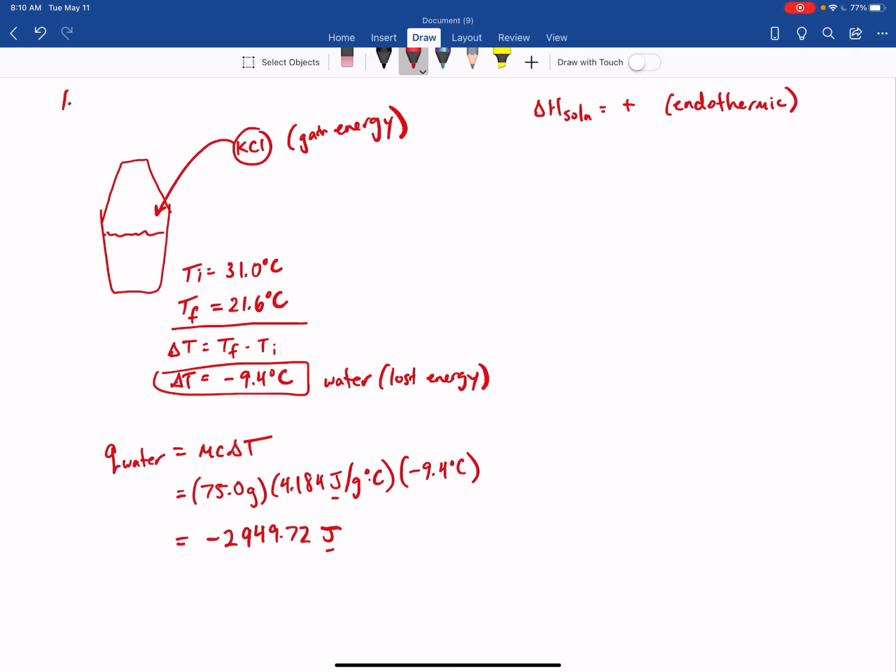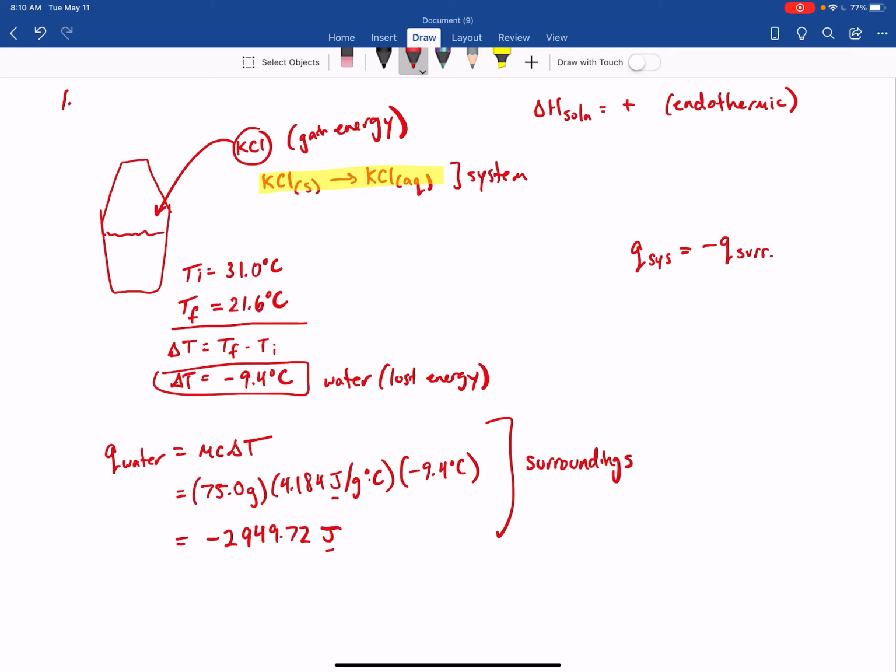For calorimetry, the water is essentially the surroundings because it's not undergoing the change. The potassium chloride is going from solid to aqueous, right? The process that it undergoes looks like this. And we know that we can add energy to it because it's an endothermic process. If this is the system and we know the surroundings, the energy of the system is equal to the negative value of the energy of the surroundings.